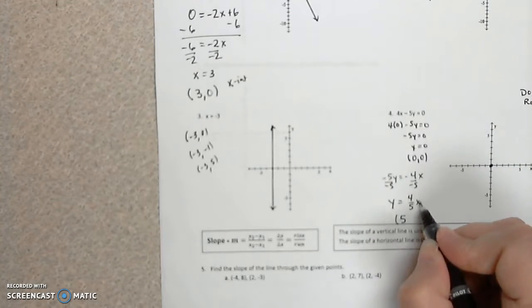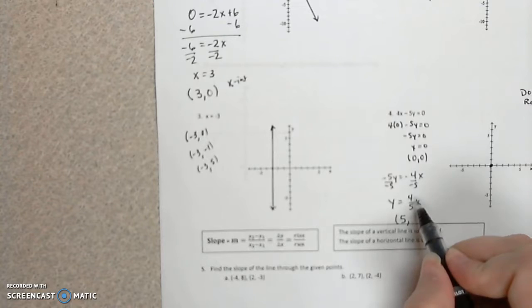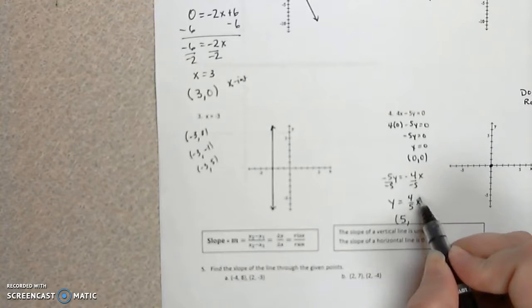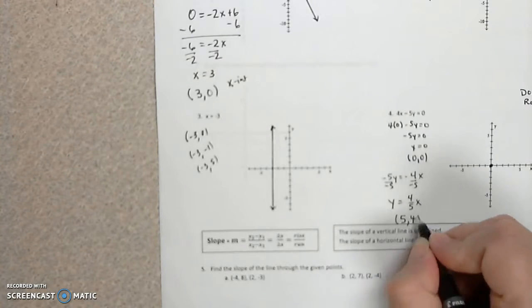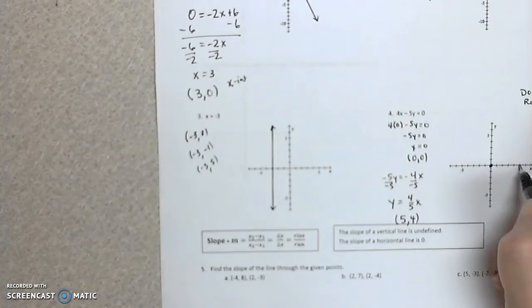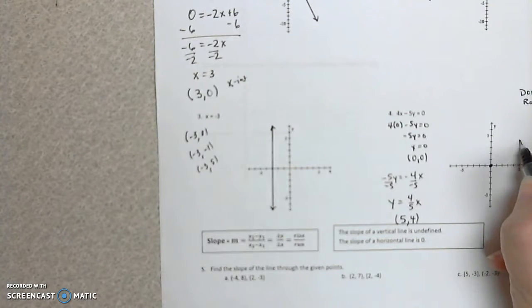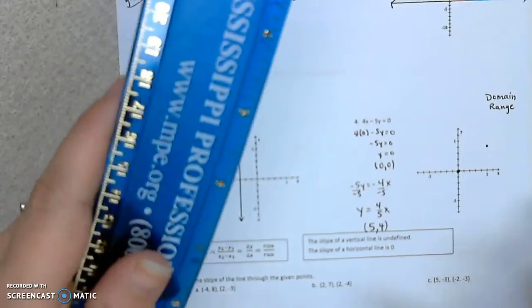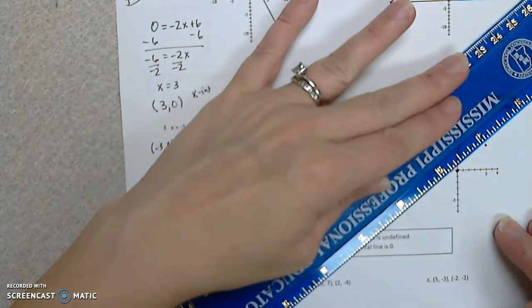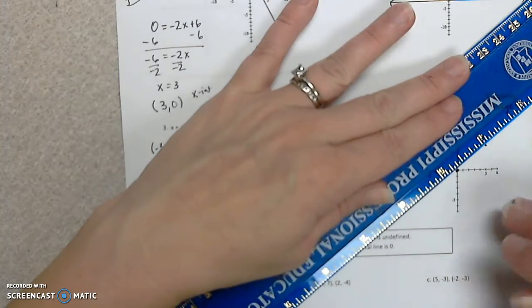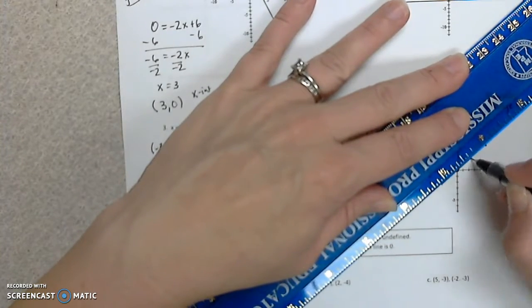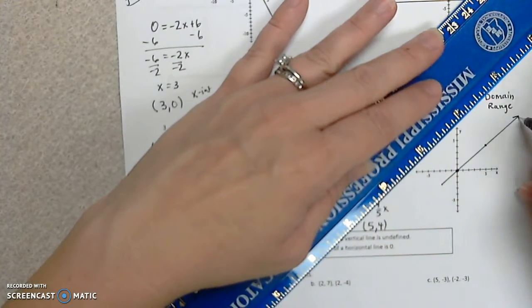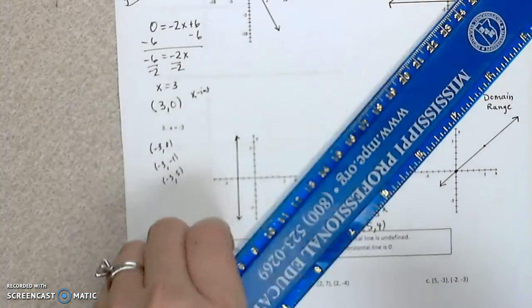So when I fill in a 5 for x, I'll have 5 times 4 is 20, divided by 5 leaves me a 4. So then I can go right 5 and up 4. Alright, then connect the dots.